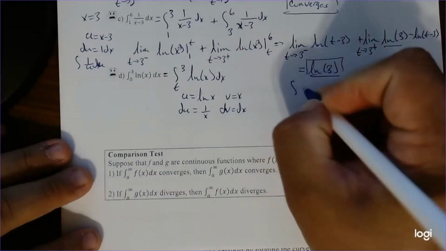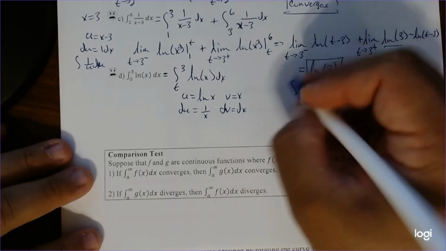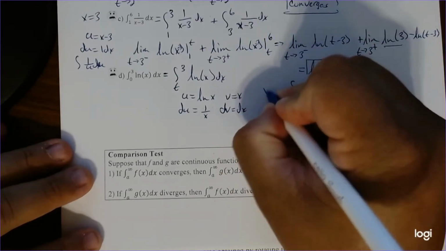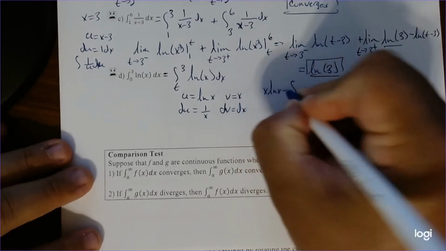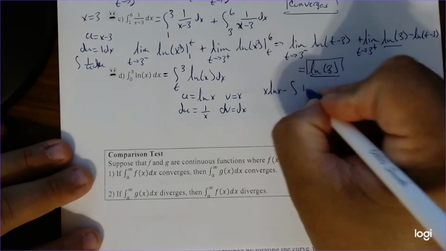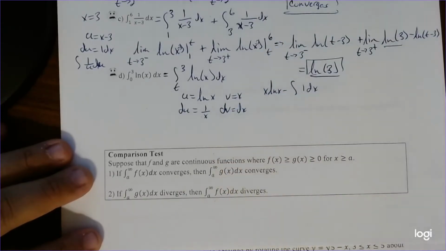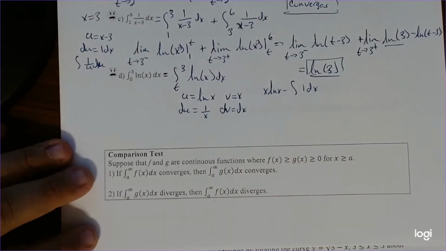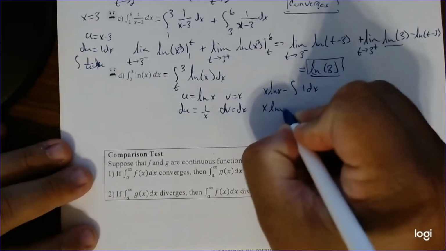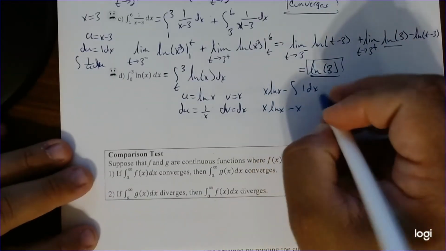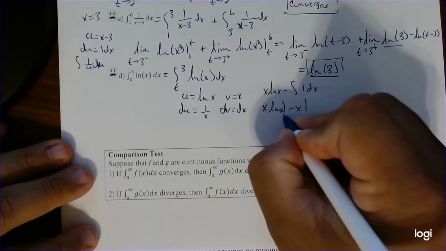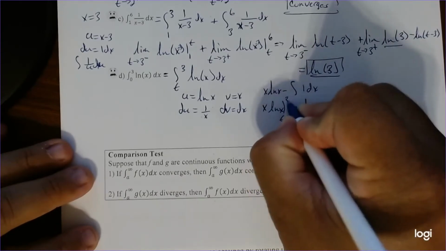So this is going to be the integral of, actually uv minus integral of v du, so x natural log of x, minus integral of x times 1 over x, so it's just 1 dx, right? That times that. Okay. So this ends up being x natural log of x minus x. We evaluate both at t and 3.